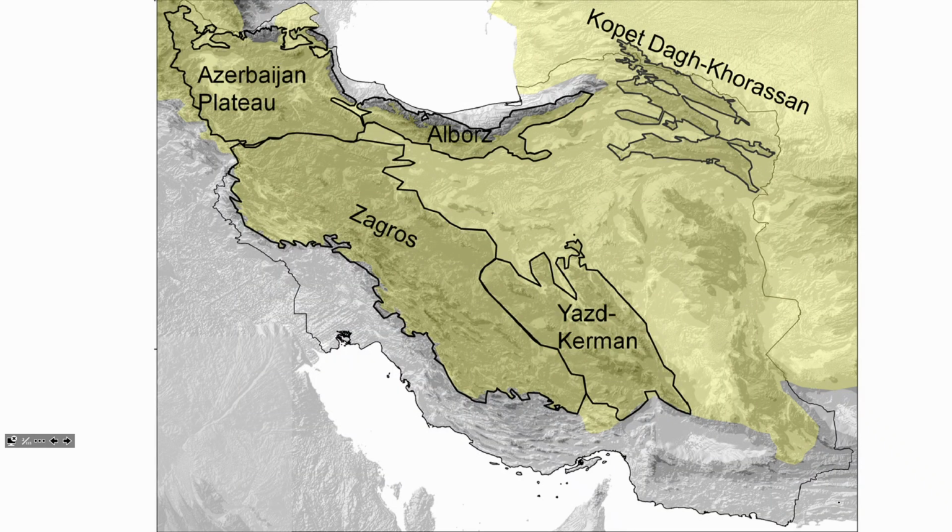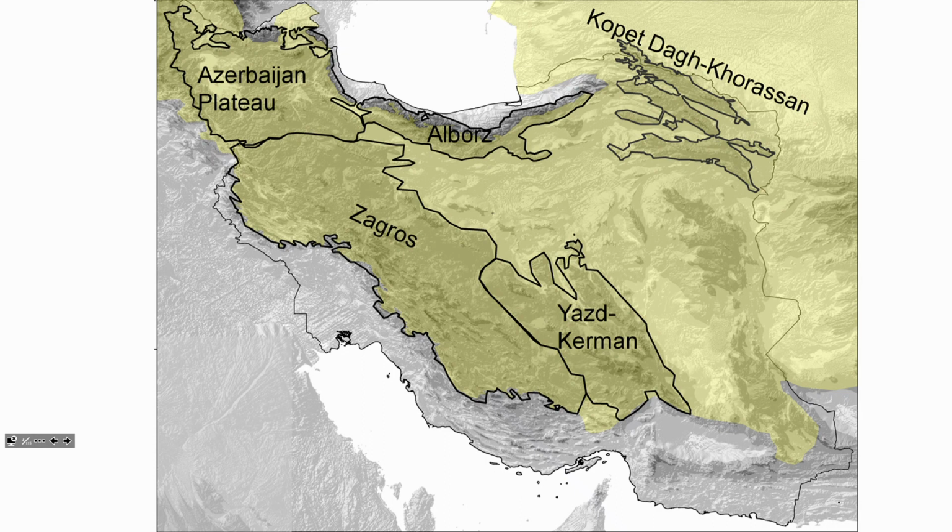There are many high mountains in the area. As you can see here, I divided them: Alborz in the north, Iranian Plateau, Zagros, the biggest one, Kerman Mountains in south central, and Kopedag Mountains in the northeast.